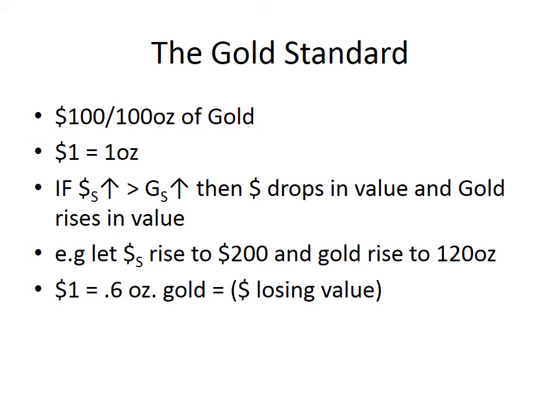Now if the supply of money increase is greater than the supply of gold increase, then the paper currency will drop in value. For example, you see here, if we allow the supply of money to go to $200 in paper currency, and gold rises to only 120 ounces, meaning a 100% increase in the paper currency and a 20% increase in the amount of gold, then $1 is now equal to 0.6 ounces of gold rather than 1 ounce of gold, and so the paper currency loses its value.